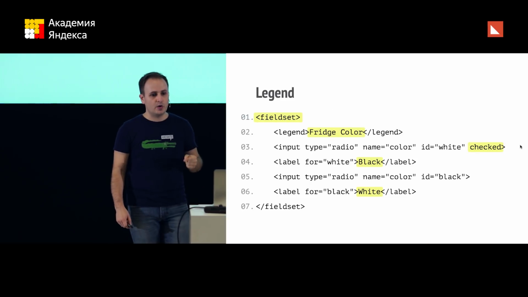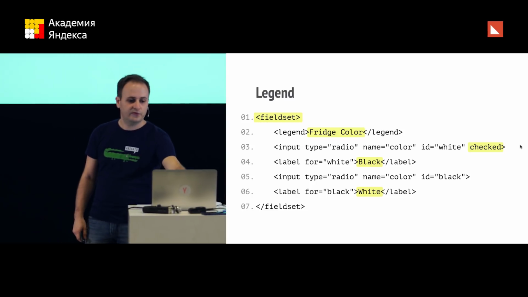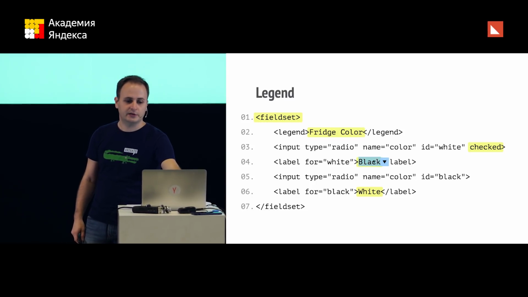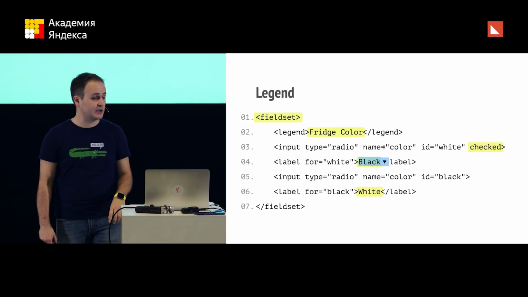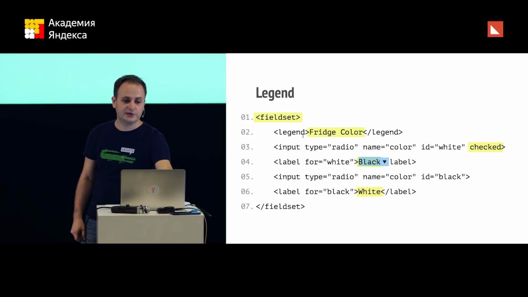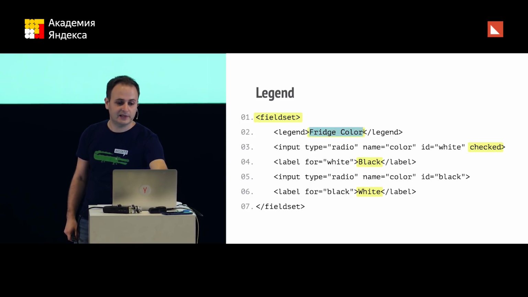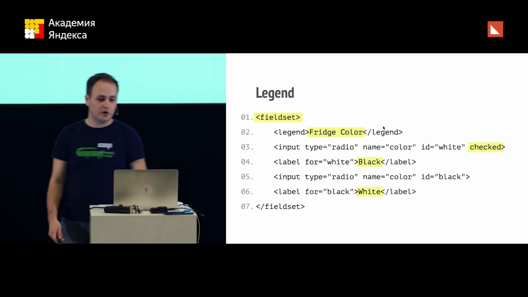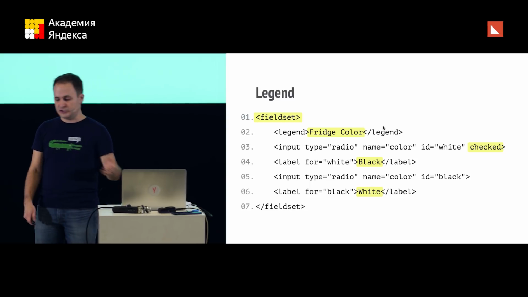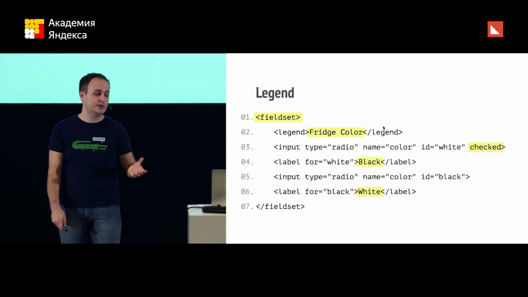You see, there's no fridge word inside of the label. Screen readers combine legend with label content when they read it. So it's much better, much clearer for screen reader users what's going on here.